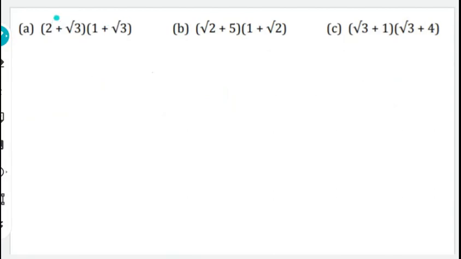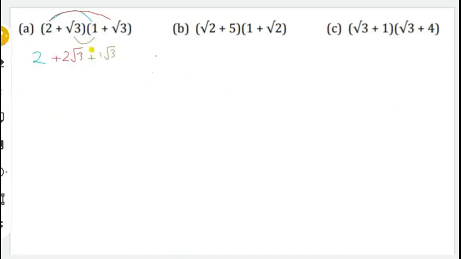Yeah. Yep. So we've got 2. That's multiplied with this 1, which gives us 2. We have 2, which is multiplied with the square root of 3, which is plus 2 square root 3. We have root 3 multiplied by 1, which is plus 1 square root 3, if you like, or just square root 3.